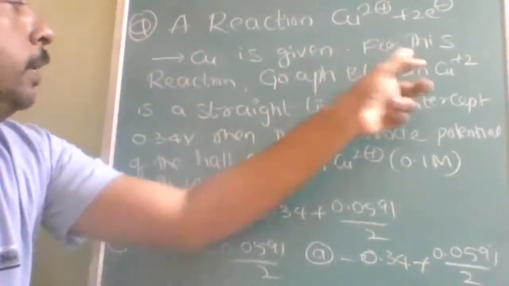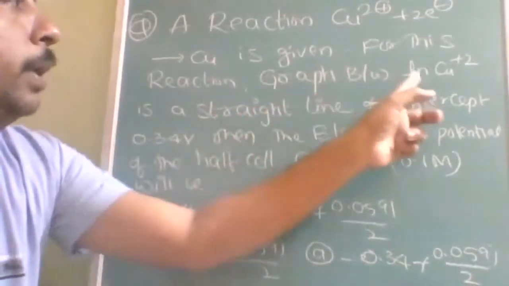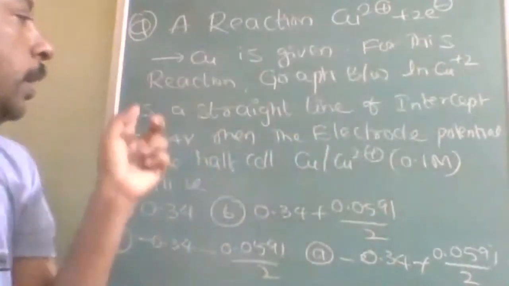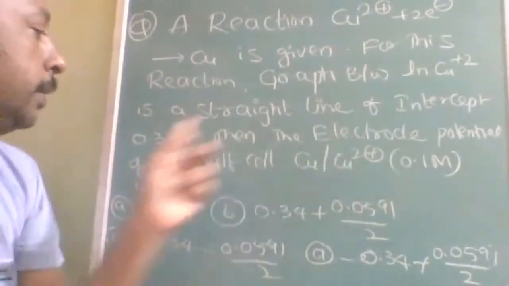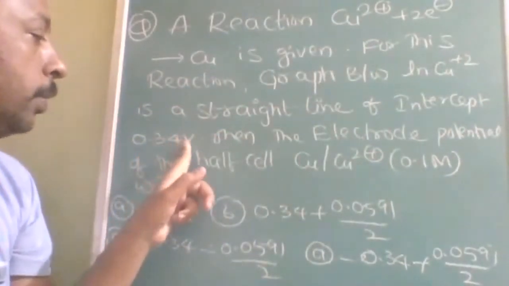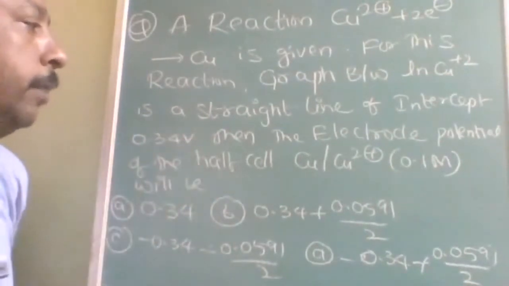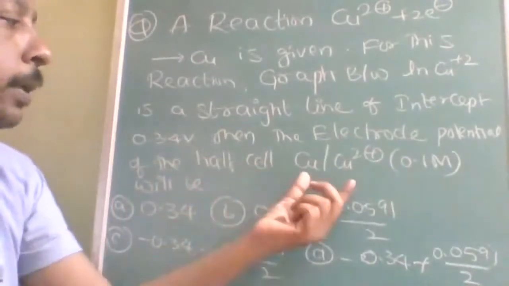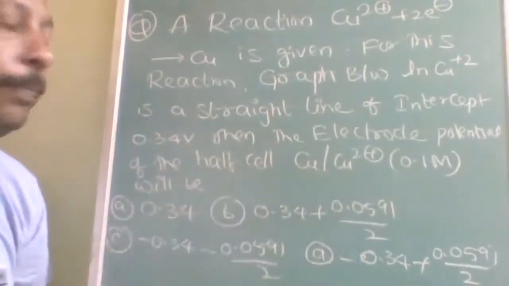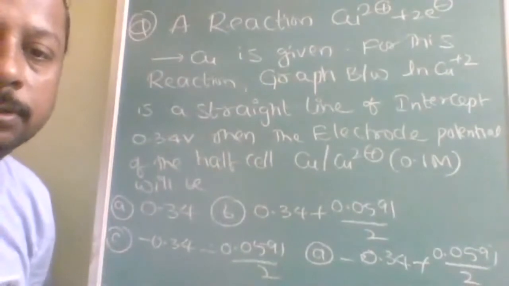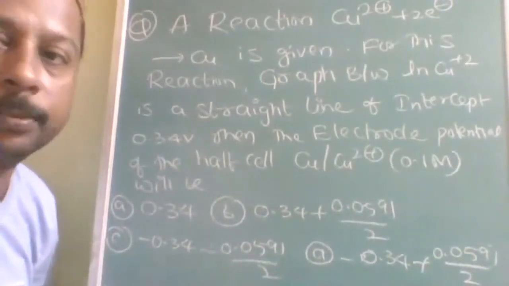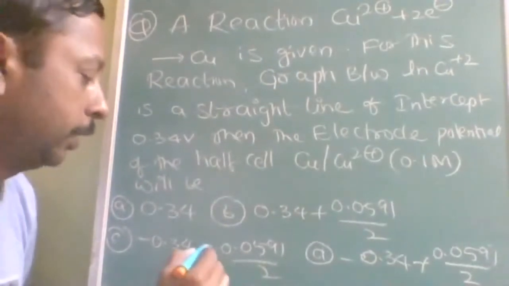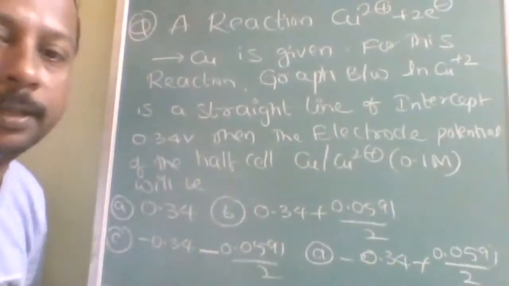For this reaction, the graph between Ln Cu2 plus is a straight line with an intercept of 0.34 volt. Intercept is how much? 0.34. Then the electrode potential of this half cell will be. Is it understood? So try to solve it. So many traps are there and so many confusing options. I think you know where the traps are and how to cross them.